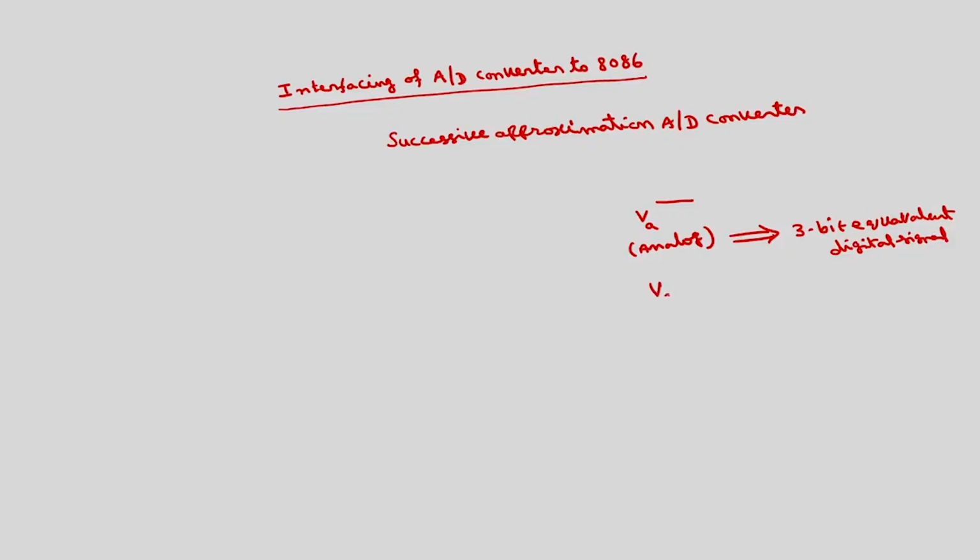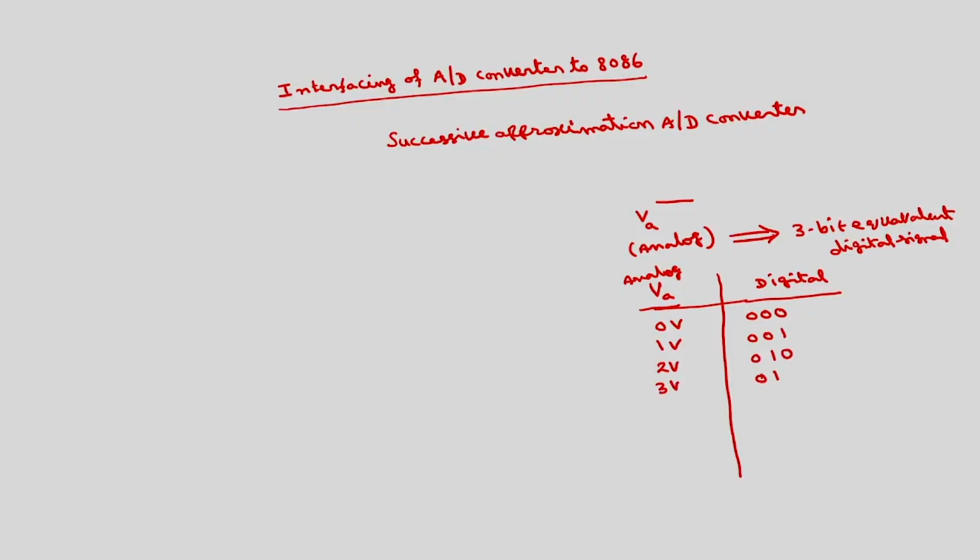I will assume here, for the sake of simplicity, that VA can assume only the integer values from 0 to 7, and the corresponding digital value that I am going to expect is, this is analog. I will assume that 0 volts, correspondingly 3-bit means 0 0 0, 1 volt, 0 0 1, 2 volts, 0 1 0, 3 volts, 0 1 1.